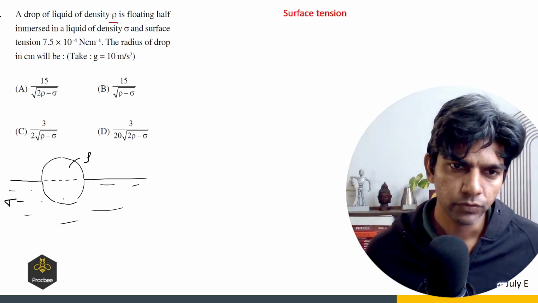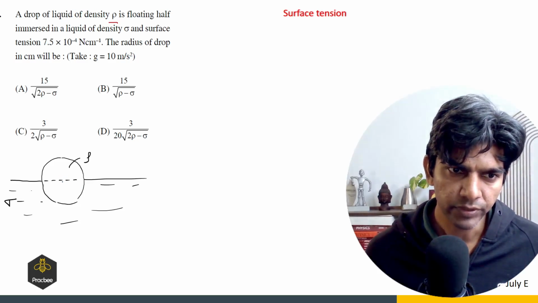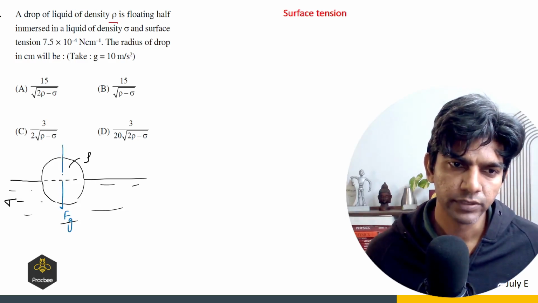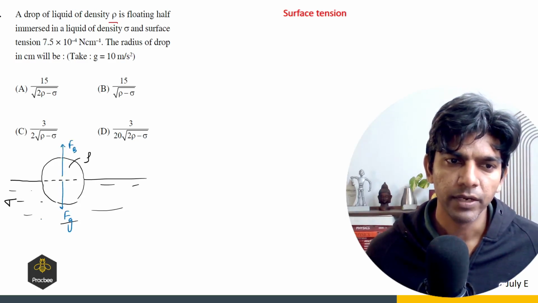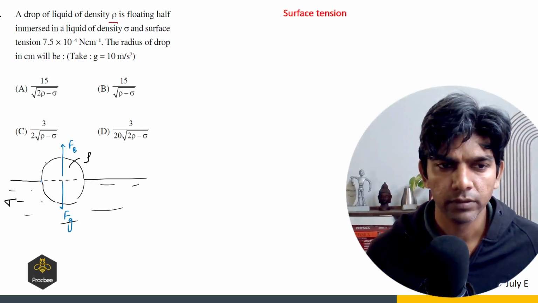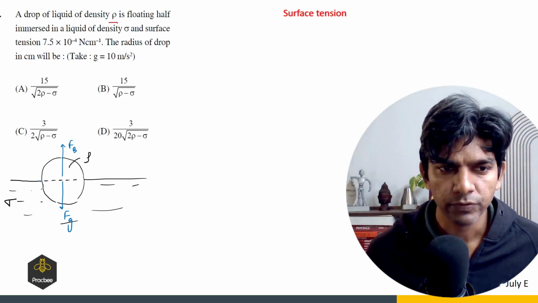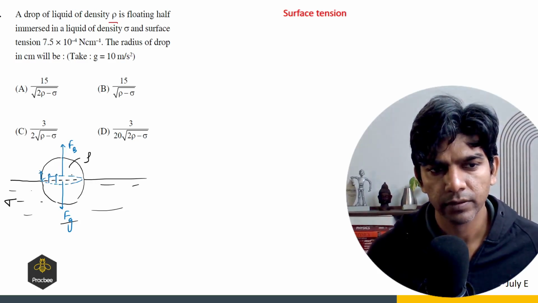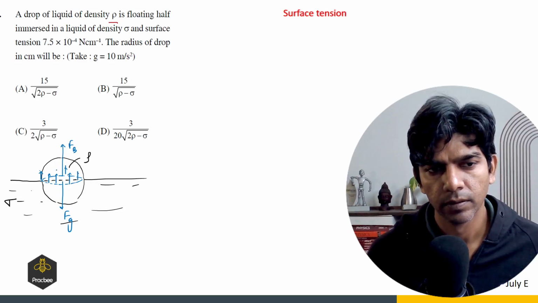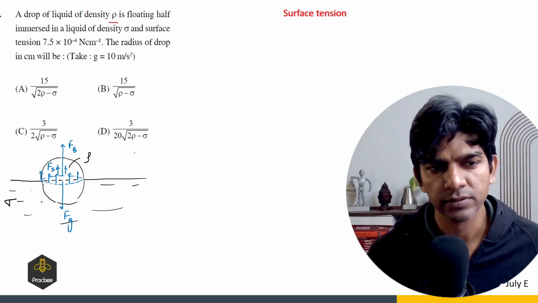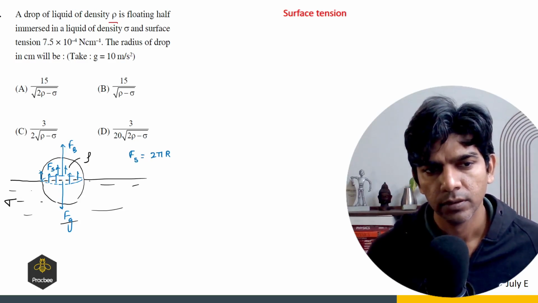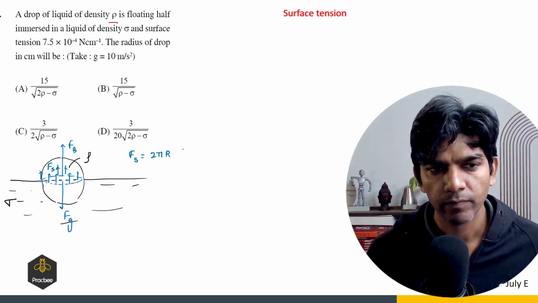So here what we can do, there will be a gravitational force, there will be a buoyant force, right? Apart from this, there will be a surface tension force on the periphery in the upward direction everywhere, right? Let me call this Fs. So Fs will be 2 pi r times the surface tension.